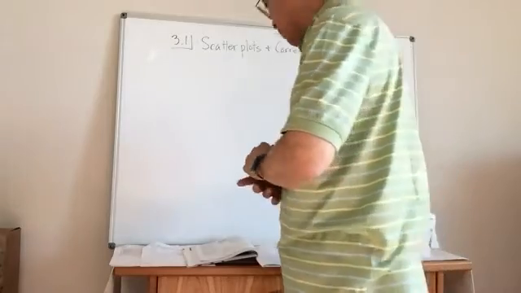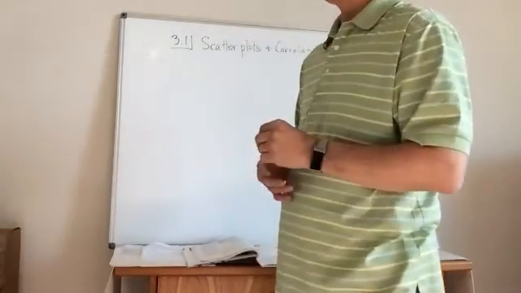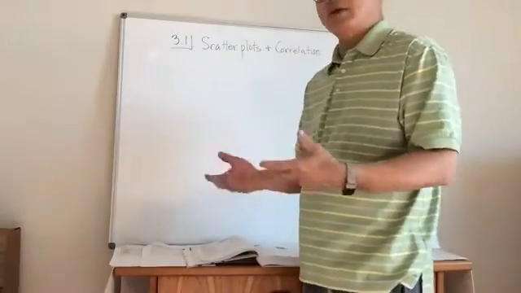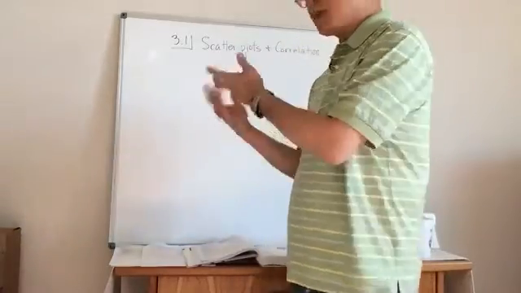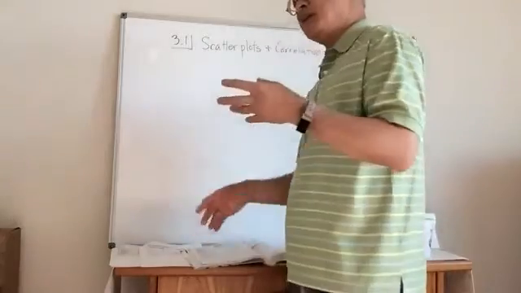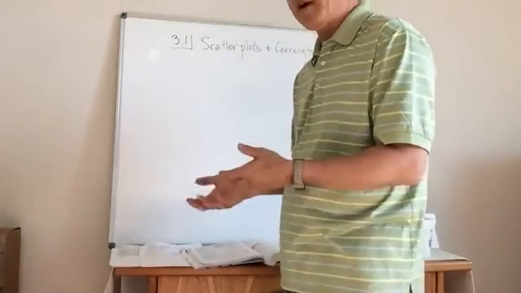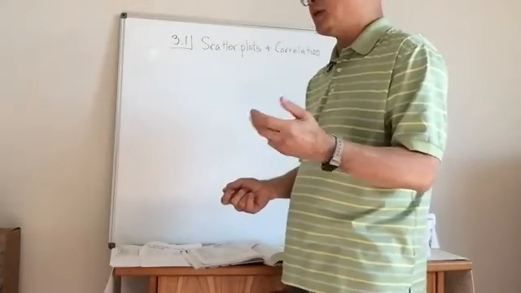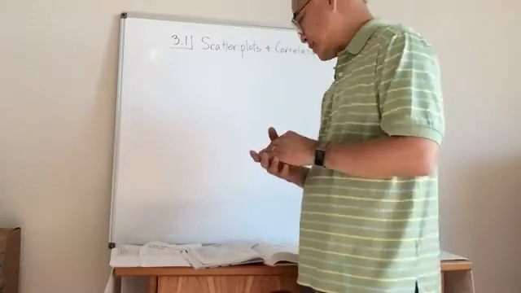The price of the ring is going to respond to how many carats you have. The more carats, the more expensive it's going to be. So the weight or carats is the explanatory variable, and the price is the response because it responds to the different weights.